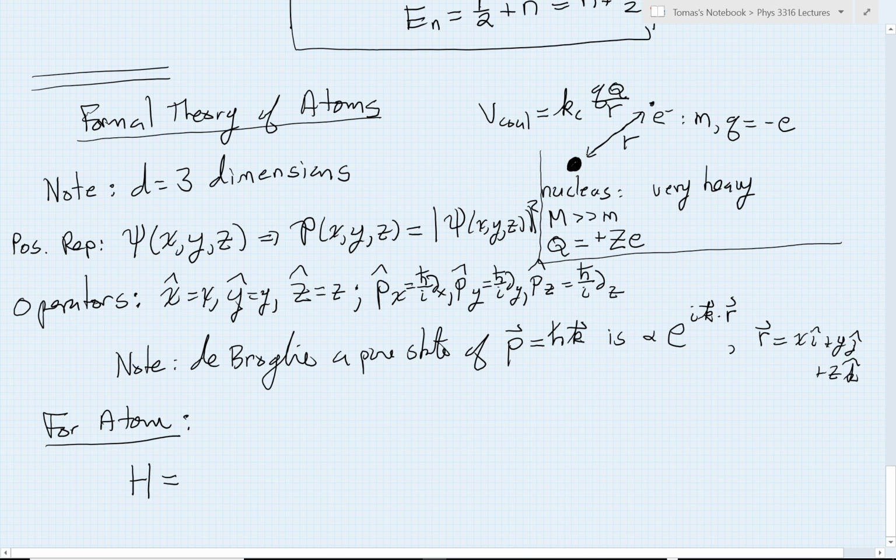You may recall that, strictly speaking, there's some point here, which is the center of mass of the system, about which in this case both particles are moving. But because this is so massive, the center of mass is essentially at the same location as the nucleus, and there are only very small corrections that occur. So to a very good approximation, because the nucleus is very heavy, we can treat it as essentially stationary.